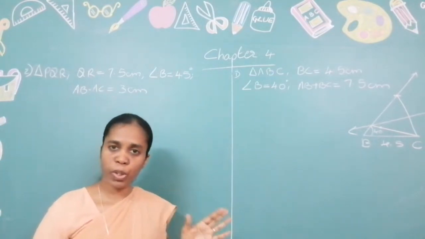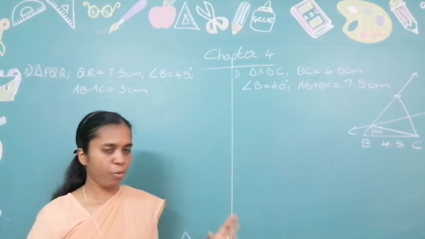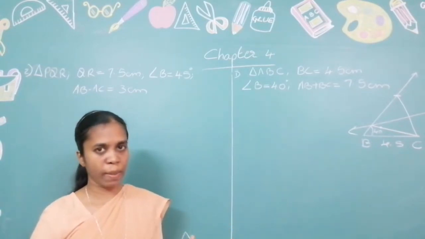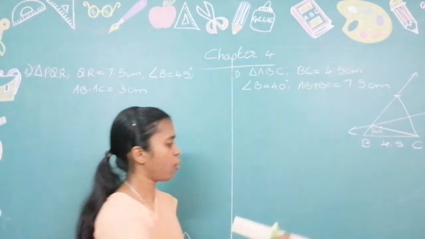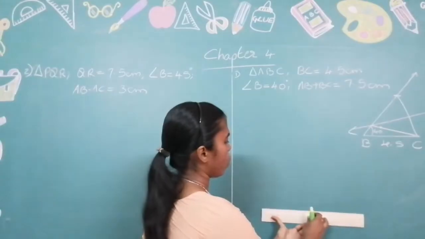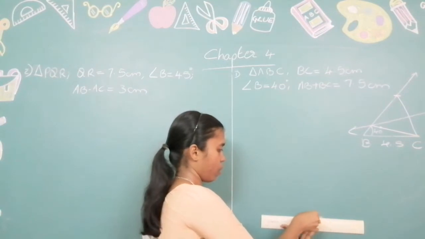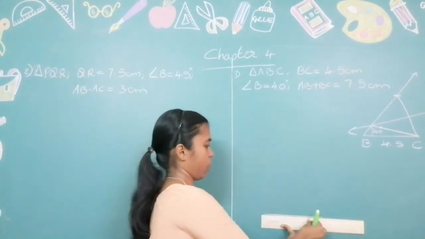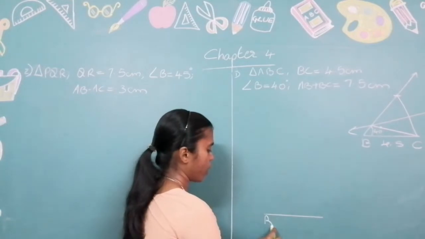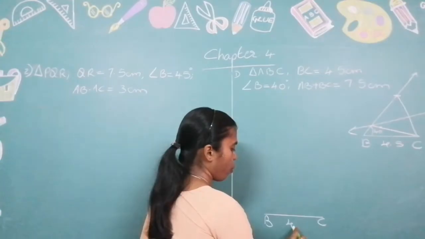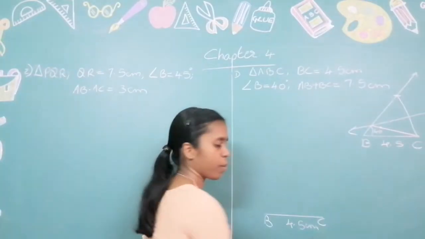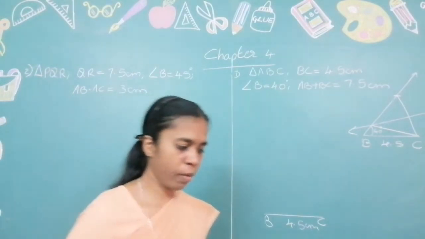So how are we going to construct it? First, draw the base. How much is it? 4.5. So you draw 4.5. What was it? BC, 4.5 centimeter. This is the base. You have drawn it.